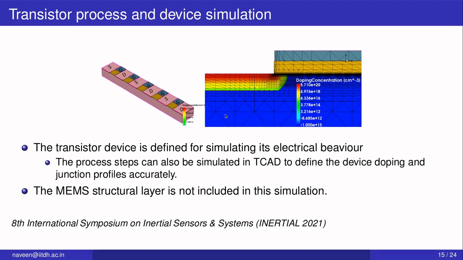And for a final simulation, of course the process simulation will help you get more accurate results in terms of what is the output current for a given gate position. And the MEMS structural layer need not be included in this simulation because you are just looking at each individual gate position and you are not looking at the mechanical motion in this aspect.